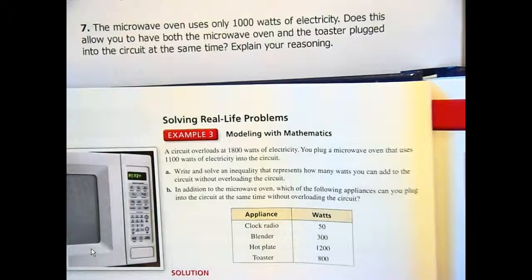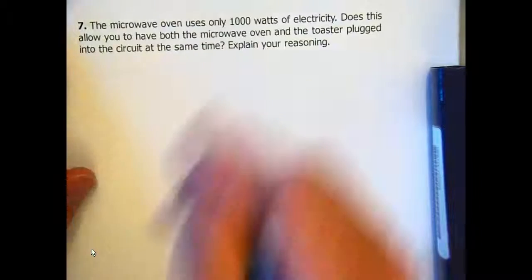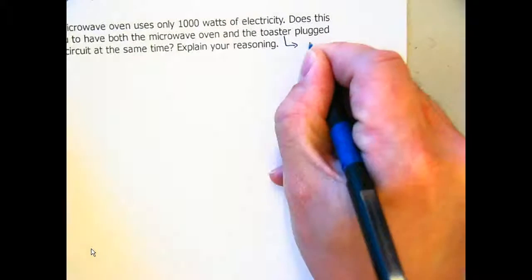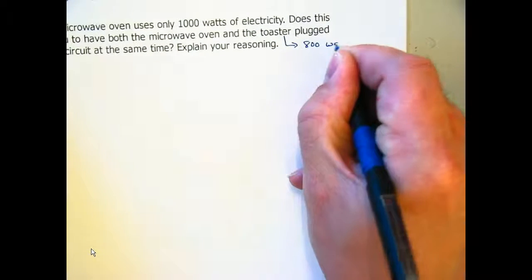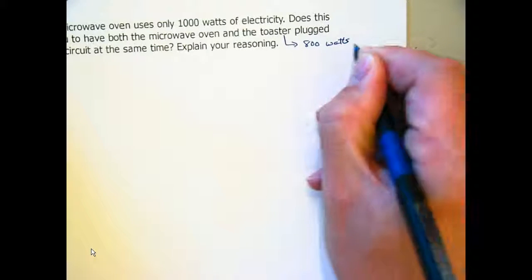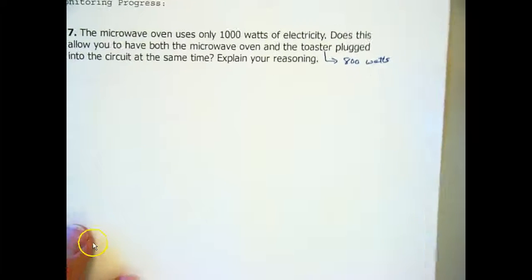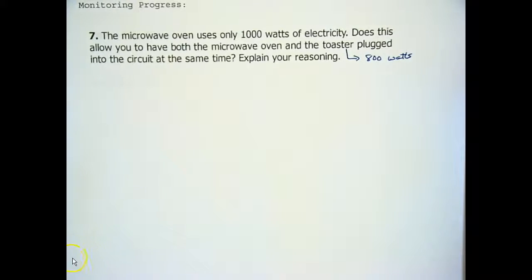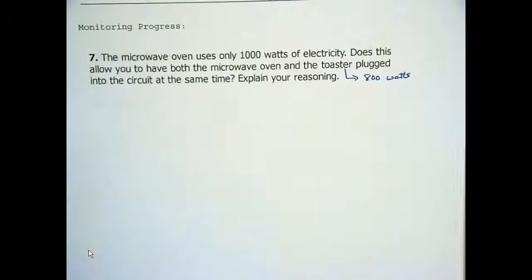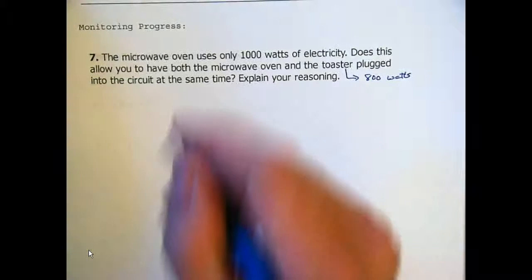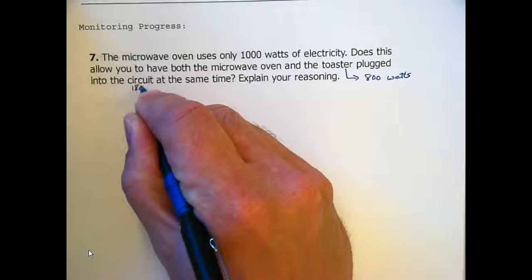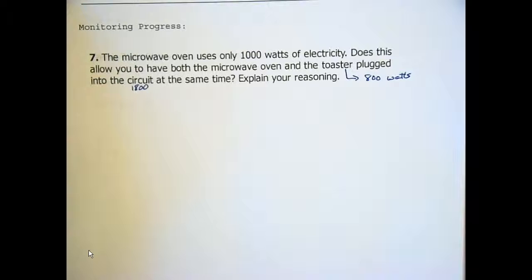The toaster is 800 watts. How much does our circuit hold? It holds 1,800 watts.